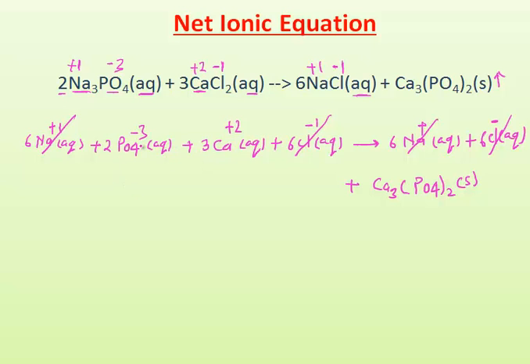On the left side we have 3 calcium ions and 2 phosphate ions. On the right side we are left with only calcium phosphate, that is a precipitate.